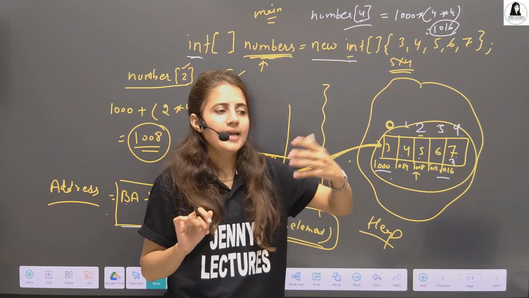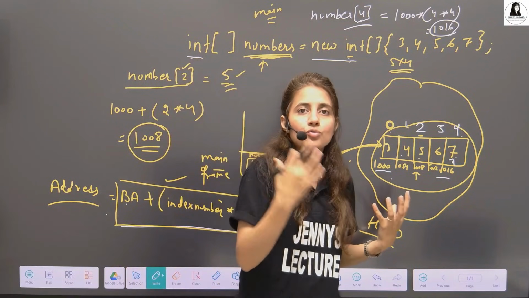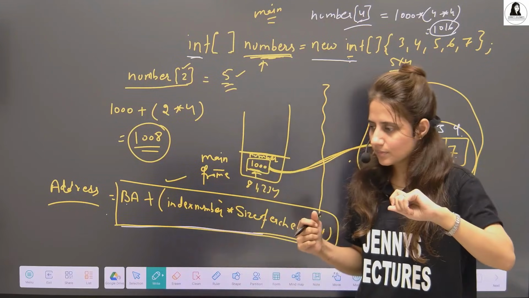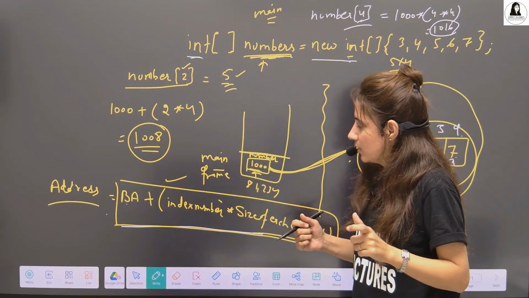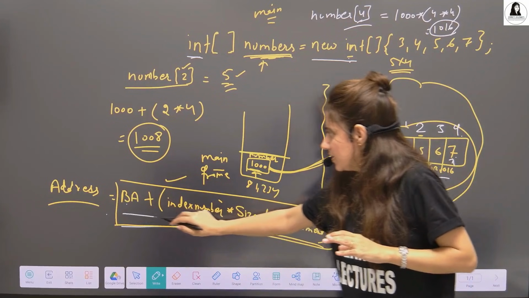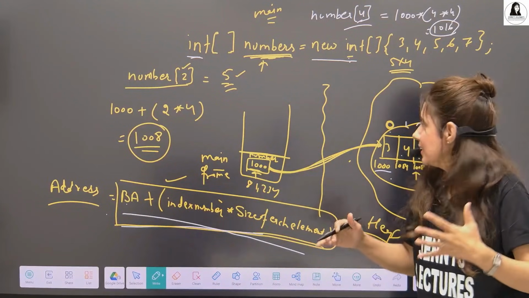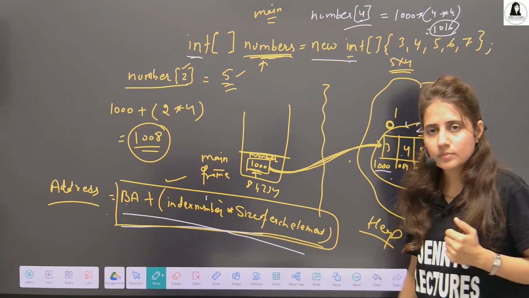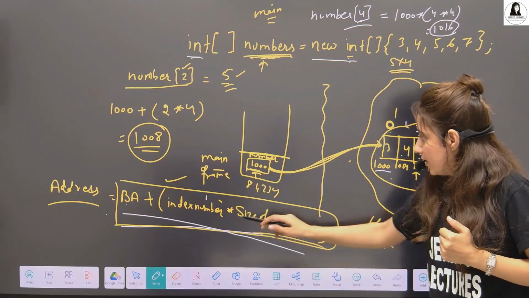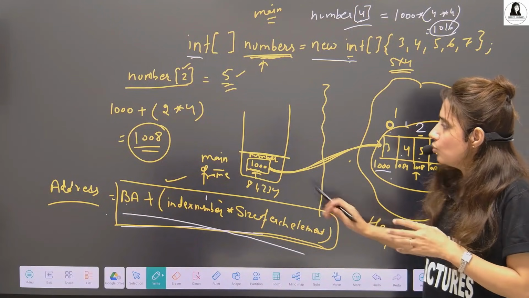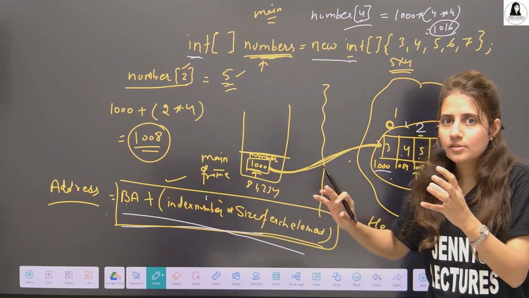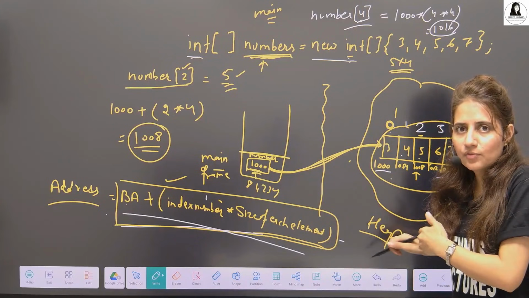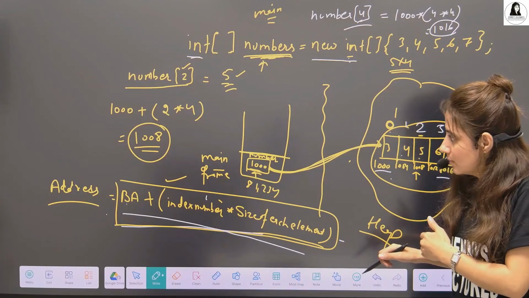Next, when you are going to calculate the memory address, then it will give you a clean and simple calculation. See here, we calculate base address plus something like this. If array index starts from 1, then you write here 1 into size of each element. So to find out the exact address, you have to subtract something from this, right?